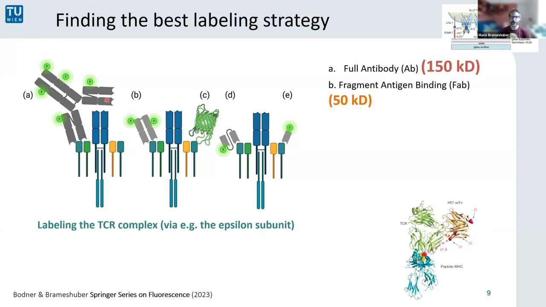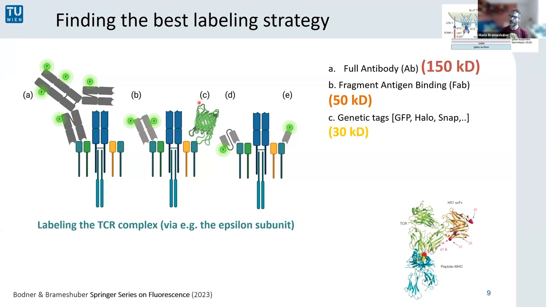The other options you have, we can use an FAB, so a fragment antigen binding, which is just one part, about 1/3 of the full antibody. It's much smaller, and you can also label it unspecifically with fluorescent dyes. This is one option. And we'll talk about this a little bit later.